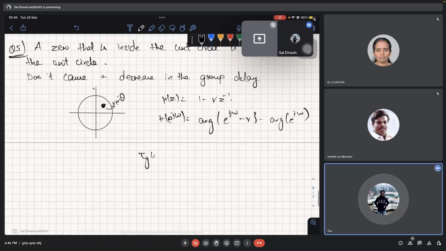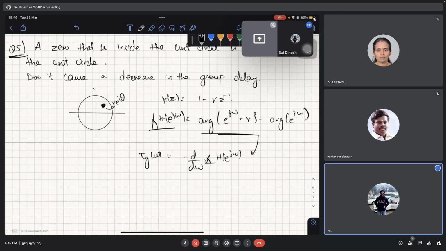The group delay is actually the negative derivative, minus d by d omega of the phase angle. You need to differentiate this with respect to omega to find the answer. This is the phase response. When you differentiate the phase response, you get the group delay.